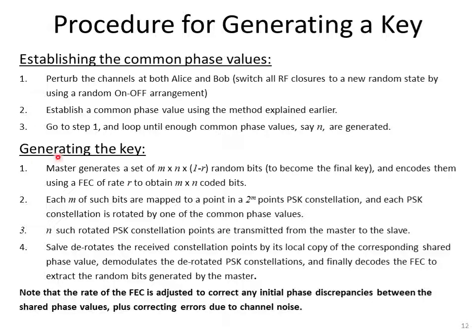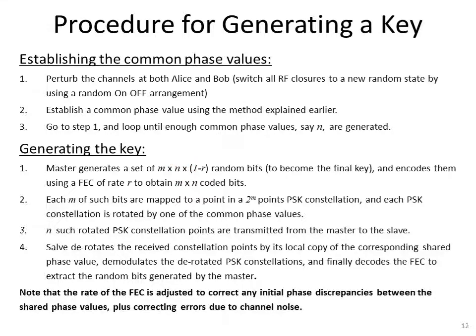Now, to generate the key after the common or shared phase values have been established between the legitimate parties, the master generates a set of m times n times 1 minus r bits. M was 2 to the power of m, the size of the PSK constellation that was rotated at the master and derotated at the slave.